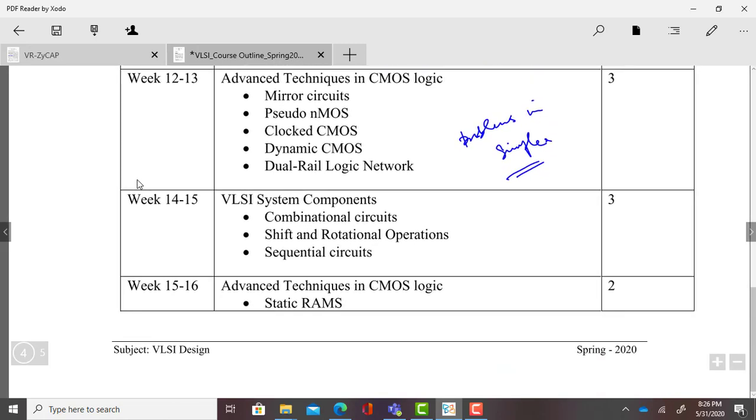Then we will study combinational circuits, several combinational circuits, and several sequential circuits. So what is the approach in the course? We start from the transistor, okay? Then we say how we can combine transistors in a better way, such that it gives us a good speed, it gives us a smaller area, it gives us little power consumption.